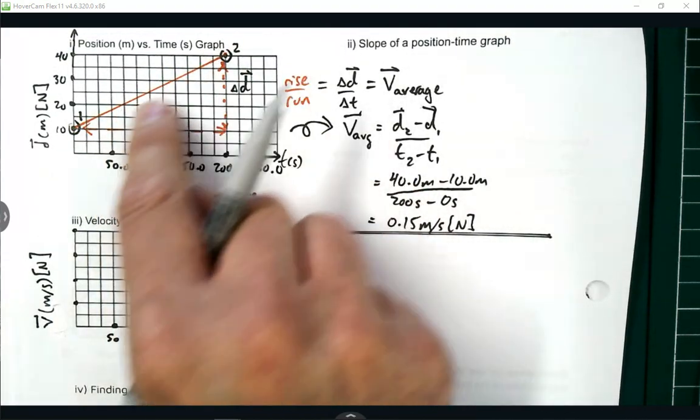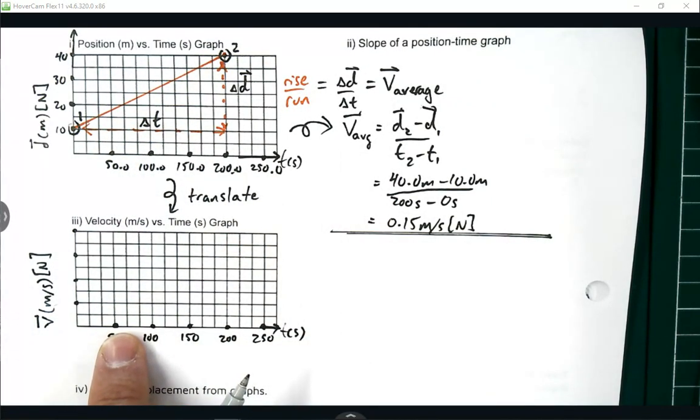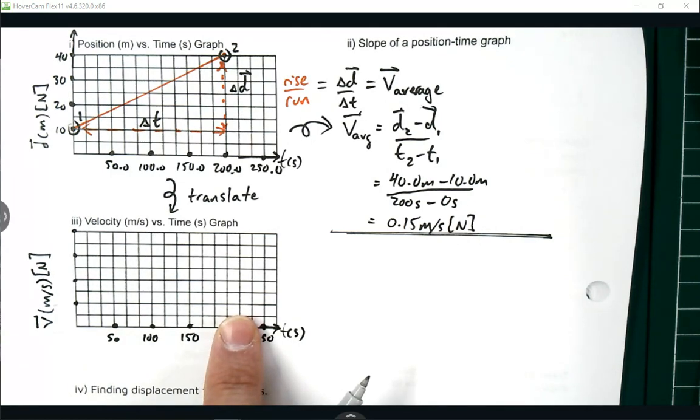Because the slope was the same the entire time. And so when I come down here, this is a very basic translation, but what would be true about the velocity the entire time? I heard the word constant, it would be 0.15. And so if it's going to be constant at 0.15, what shape of graph is this going to be? It starts with an H. Horizontal, just a straight up horizontal graph, right?